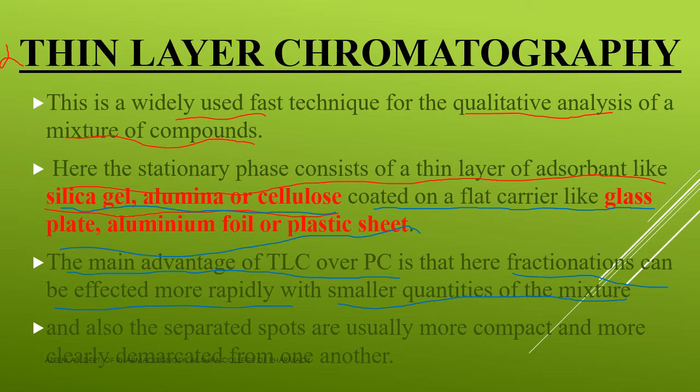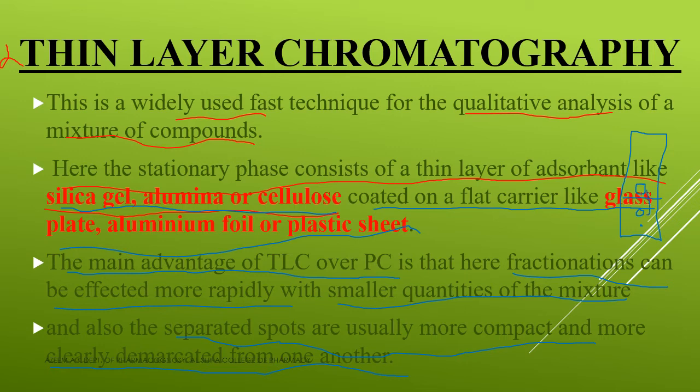Clear? And also the separated spots are usually more compact and can be more clearly demarcated from one another. So suppose this is a plate of thin layer chromatography. If you apply the sample, the spots can be clearly demarcated. First a spot like this, then a second spot after some time with some gap, so there is a clear demarcation and these two spots can be marked.